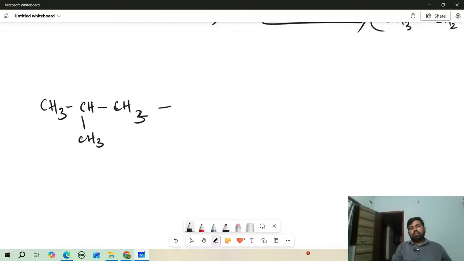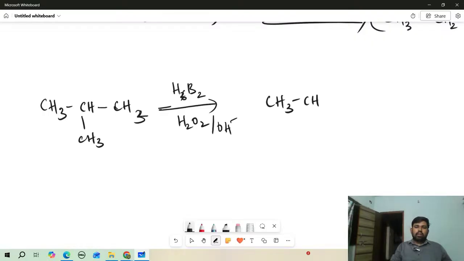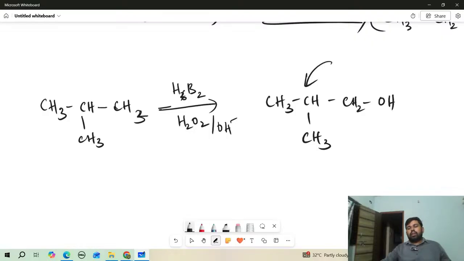In this case also, if we take B2H6 and H2O2, it forms CH3 CH, again here we have CH3 and CH2 OH, on this position. So here also we are getting primary alcohol only.